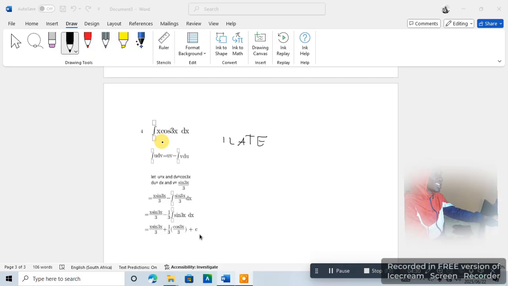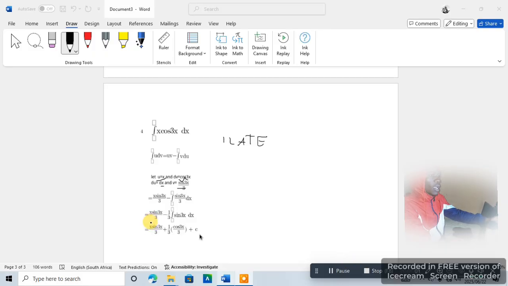So you can see dv, dx, and v here. Then after here we'll be following the formula of integration by parts.